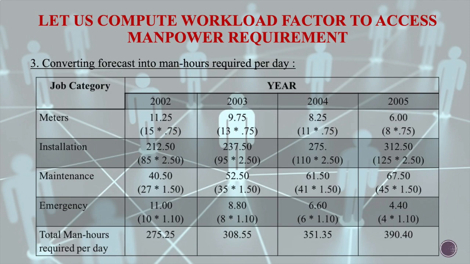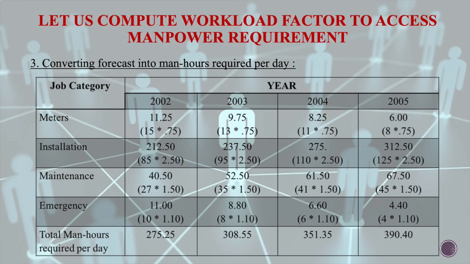So now, when you are doing it, what we need to do is take out the rates, the hours per job multiplied by the number of jobs. So for each year, we can compute how many man hours are required.